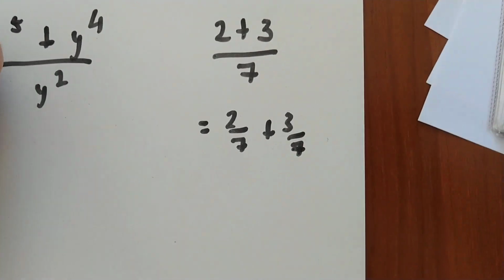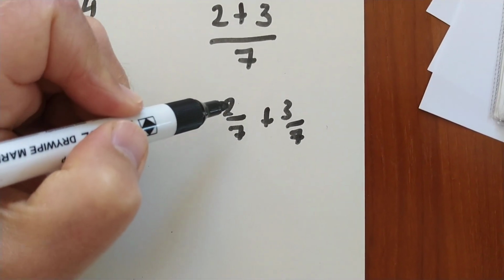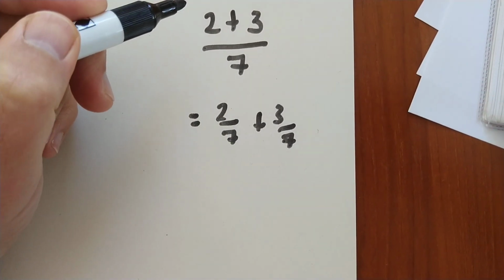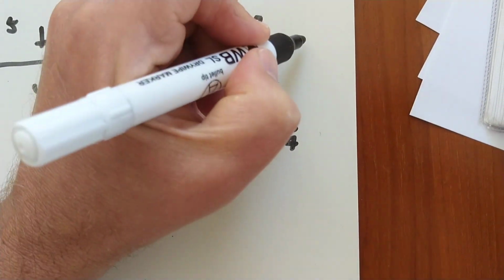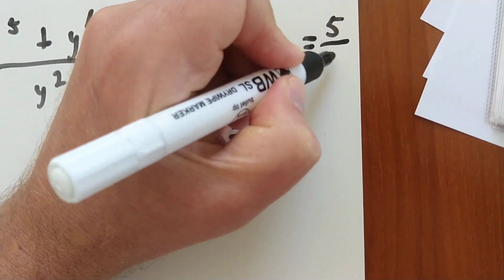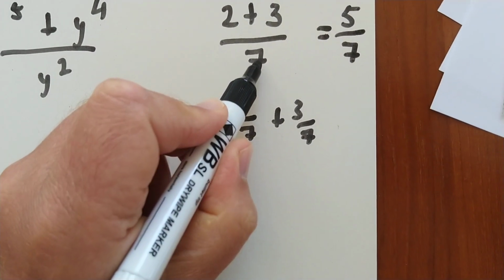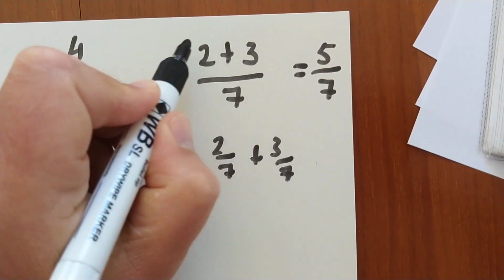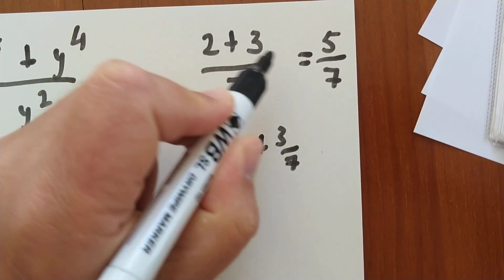And what you did was you said, well, I know what to do here. That's just 5/7. Right? And we did the whole thing about slices of pizza. But what we were doing in our head was we were saying keep the denominator the same and just add the two top numbers together, the two numerators.